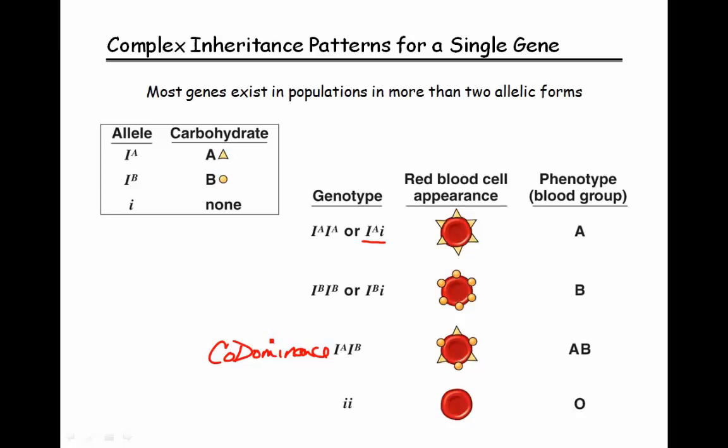The type B blood and type AB blood would look odd because they have the circles, which is not something that's naturally produced in that person. So those would not be acceptable things to give to someone that was type A. But type O blood would work because it doesn't have the proteins on the outside. So someone with type A blood could accept blood from either A's or O's.